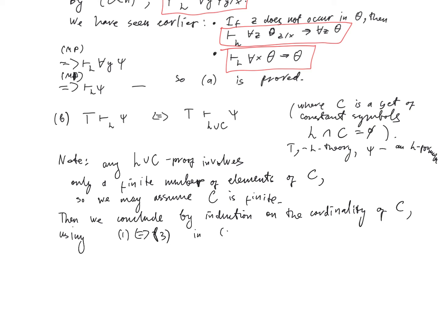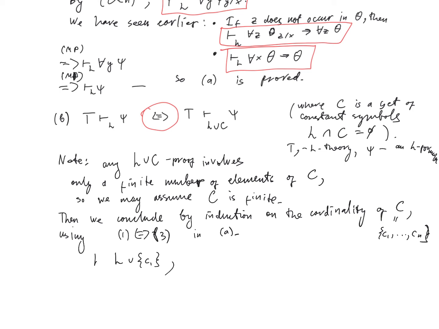So we are adding one new constant symbol at a time, and we know that the equivalence of 1 and 3 in A tells us that this equivalence of provability holds when just a single new constant symbol is added. And so we apply this inductively, first to the language L. So for example, if C consists of c1 through cn, finitely many new constant symbols, first we apply it to the language L and a new constant symbol c1.